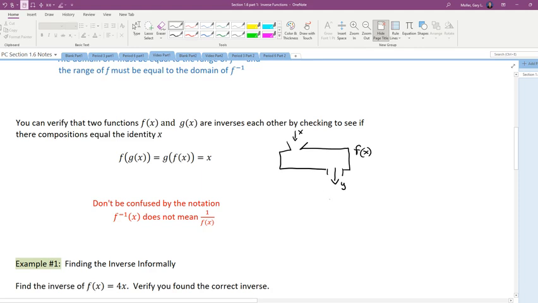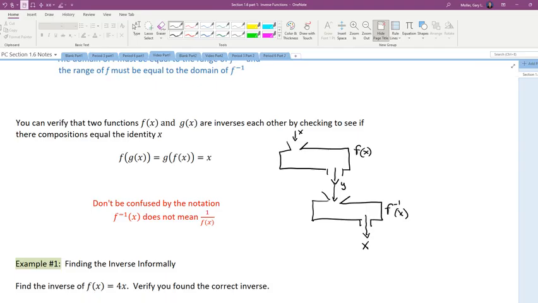And if they drop into something that we think is the inverse of f, then this machine right here should automatically take these outputs, undo all the operations we just did to them, and spit out what we started with. It should spit out the original information. If it doesn't spit out what you started with, then this is not a machine that undoes the first machine, and therefore it's not an inverse. So it would make sense that we plug in x and we get x as an output, and that's what this is saying.